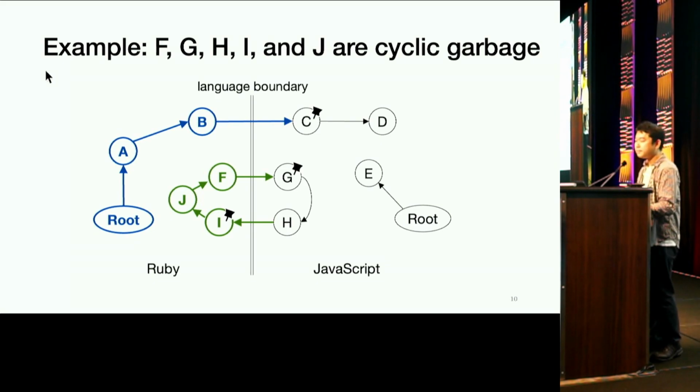Hi, Andrei Lascu from King's College London. How extensible is this work to any other pair of languages? I'm sorry, say again, please. So in the presentation, you talked about Ruby and JavaScript. Can I use any other two languages with this idea? So the question is whether our algorithm is only for Ruby and JavaScript.